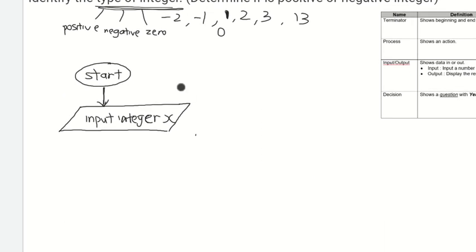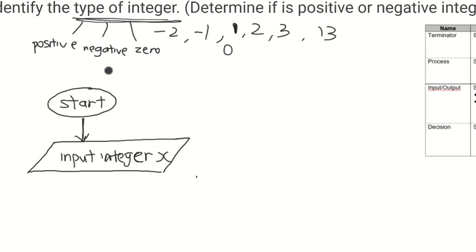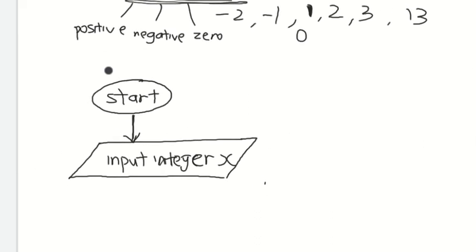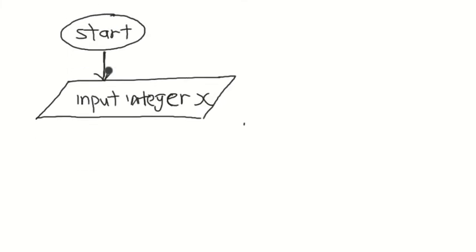Input x. So now let's think. How do we categorize? We categorize as positive, negative, and 0. So when is the number positive? What questions must we ask ourselves in order to confirm that it's positive?